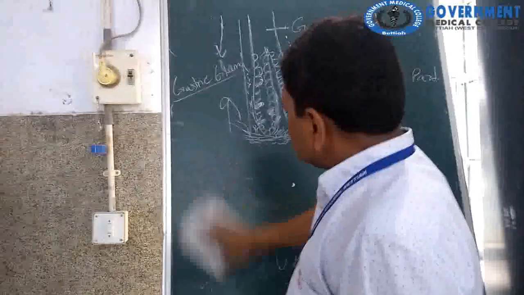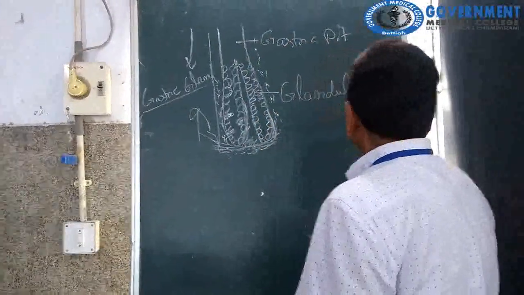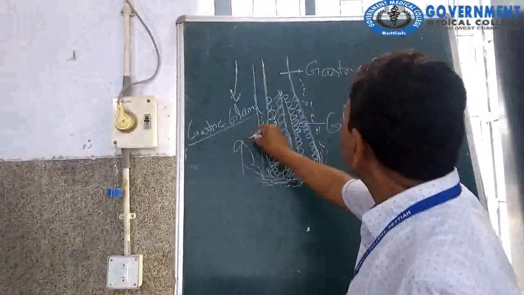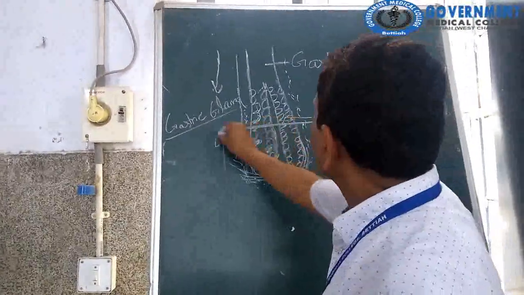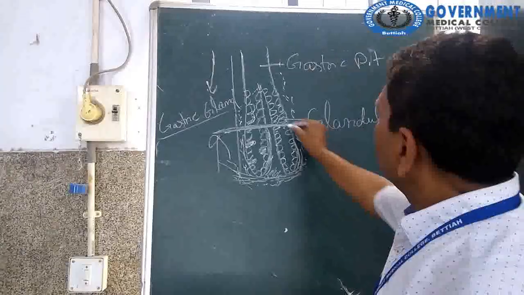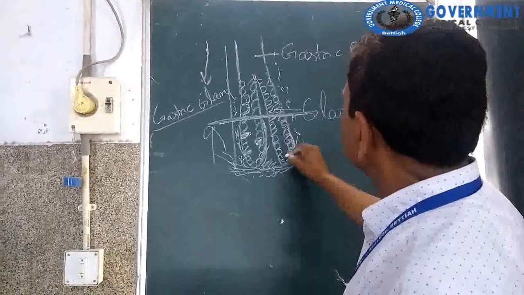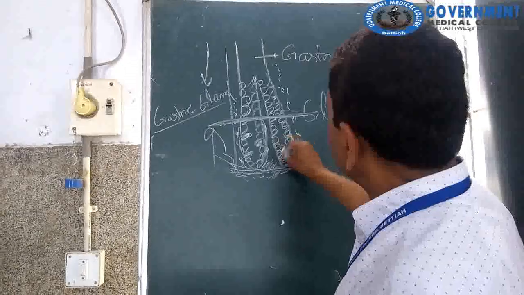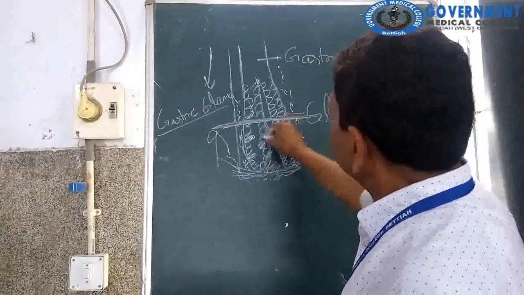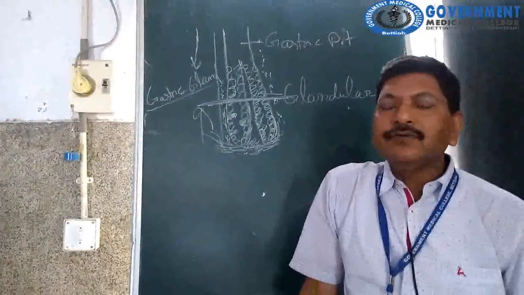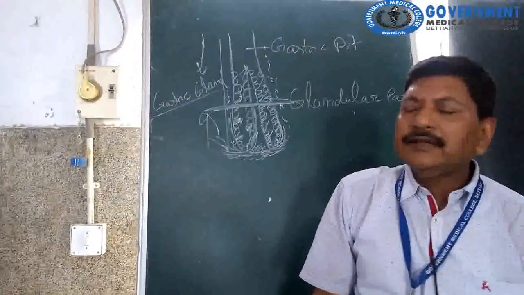Zymogen or chief cells, also called peptic cells. This is present in the basal part of the gastric gland. Low columnar in type, it secretes pepsinogen, which is converted into pepsin under the influence of HCl.